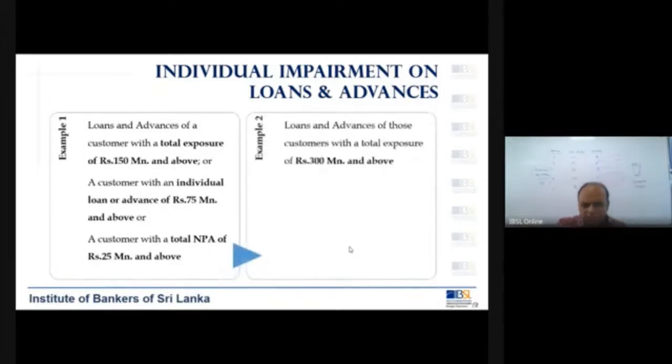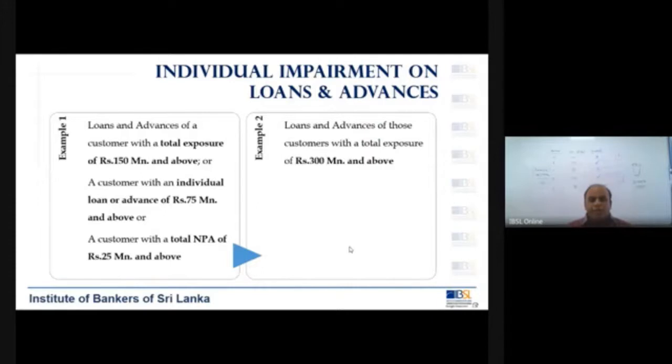This is another example for the thresholds. So a threshold can be defined in various ways. You can take all of the customer's loans put together. If the customer has 5 loans, you take the outstanding of all 5 loans, and if it is greater than 150 million, you say that this is a significant customer.